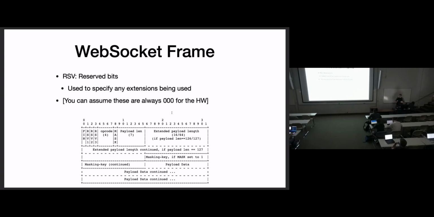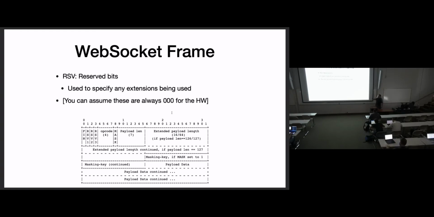They're going to set these reserve bits to something else as a way of saying, I'm either using this different protocol or I'm adding these different options to WebSockets. Refer to this RFC for information about that or whatever.